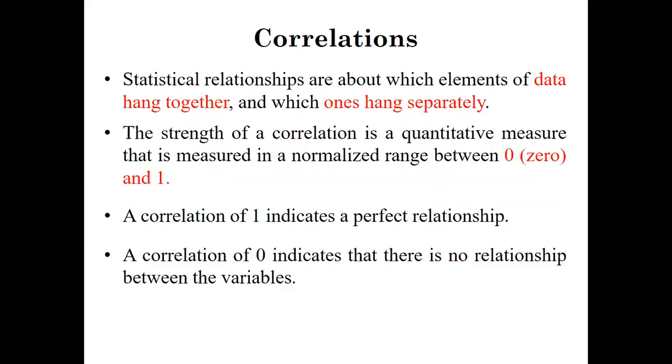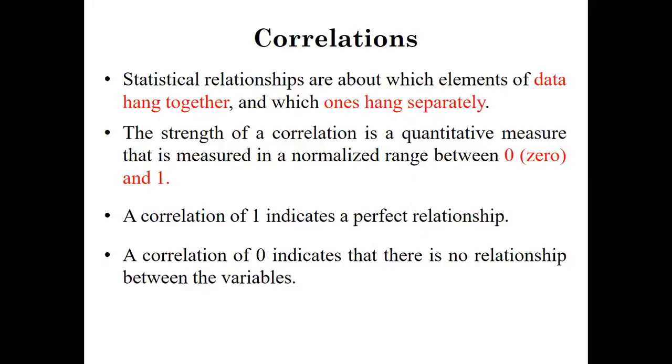Next, we move on to a very important concept, that is correlations. Okay, statistical relationships are about which elements of data hang together and which ones hang separately. That means correlation: co means together, relation means connection.